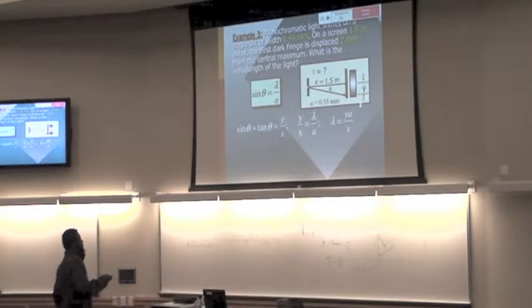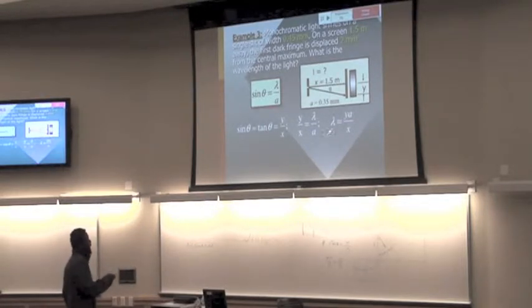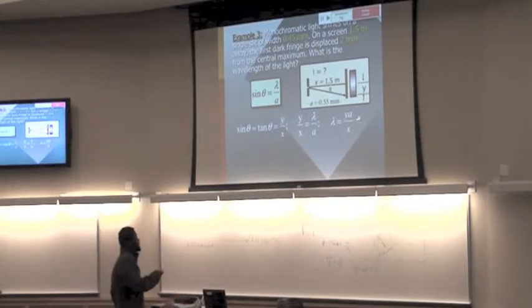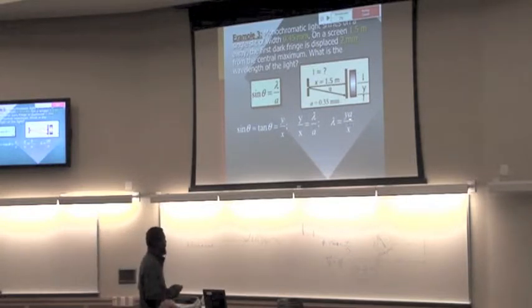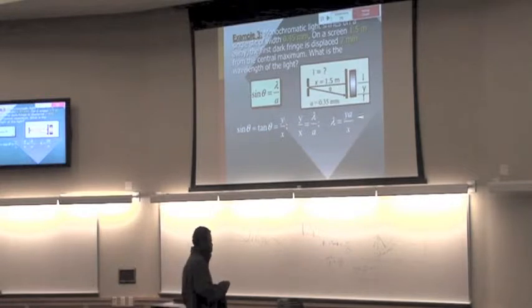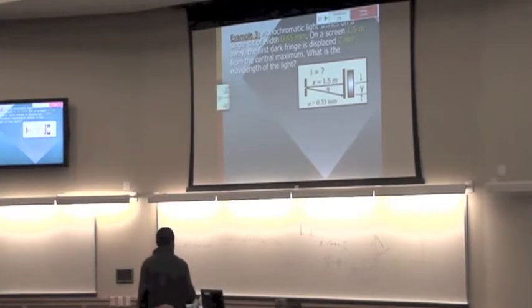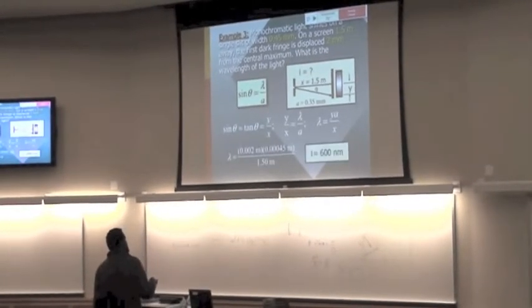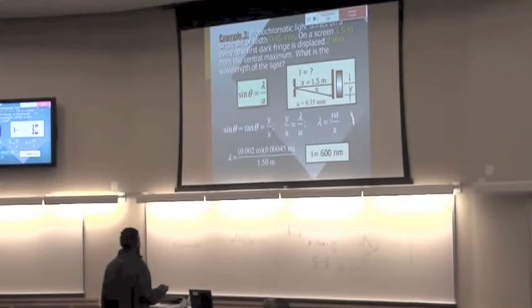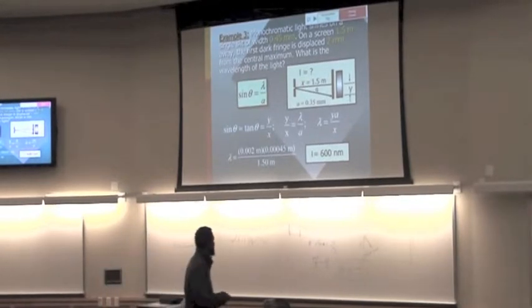Well, we know the spacing of the fringes, so we can use this analysis that I just did and show that lambda is equal to the spacing of the fringes times the width of the slit over the distance from the slit. And that gives us this answer, that lambda equals 600 nanometers.